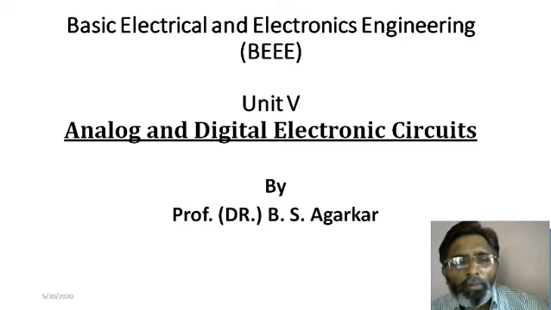So we have seen op-amp is an amplifier which can perform mathematical operations. Its technical definition is: op-amp is a very high gain direct coupled voltage amplifier which has very high input resistance and very low output resistance.